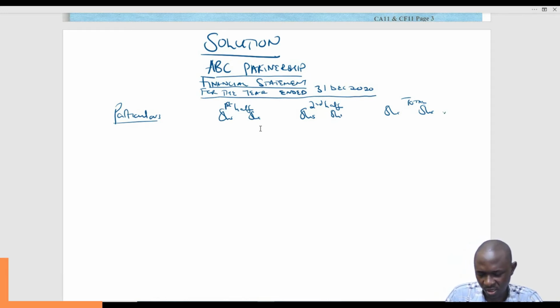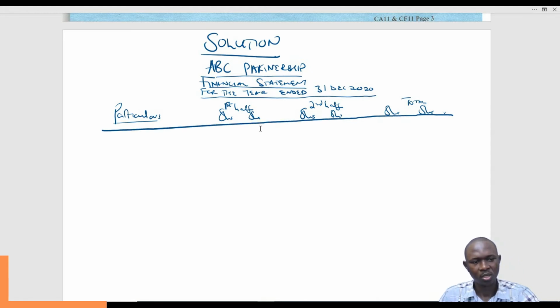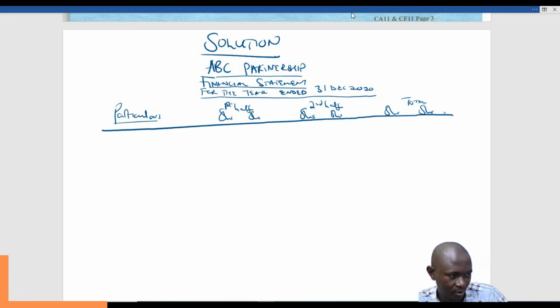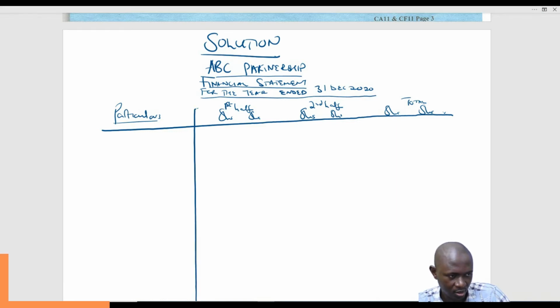So let's just underline this so that our work at least can look neat. There we go. Then we'll have that, then we have this.